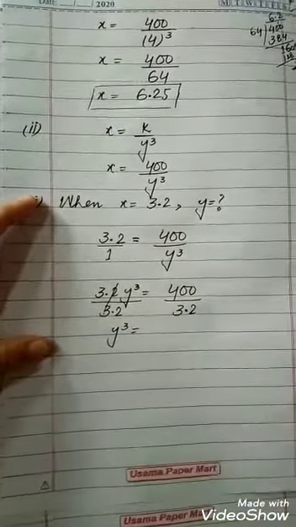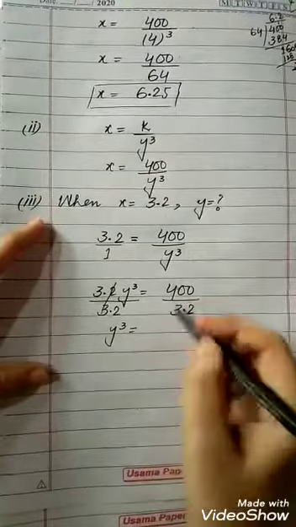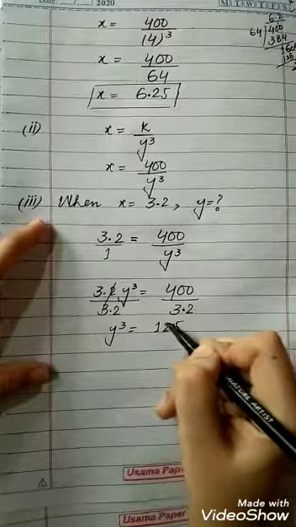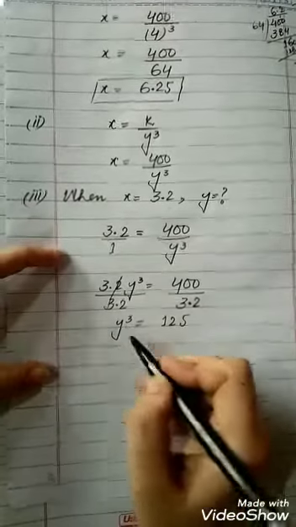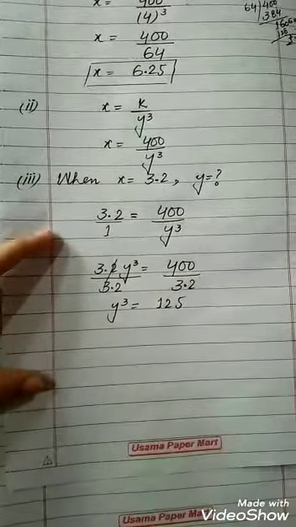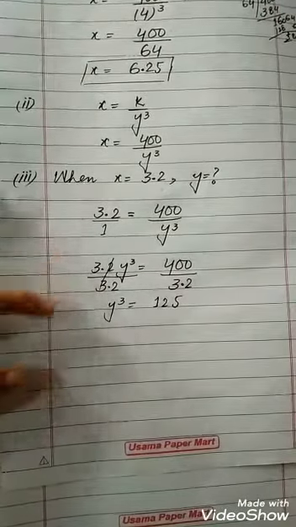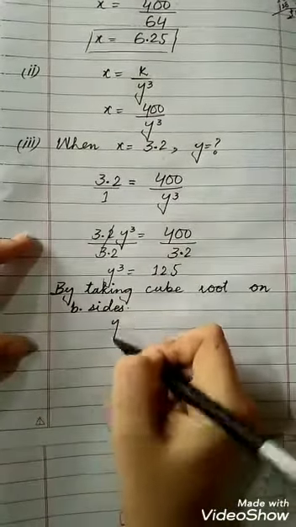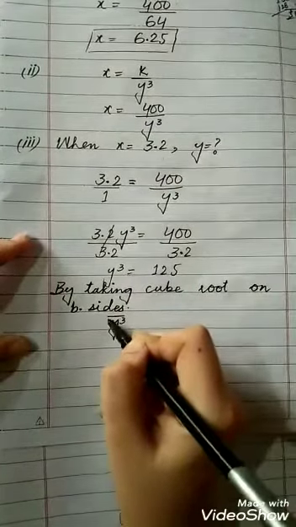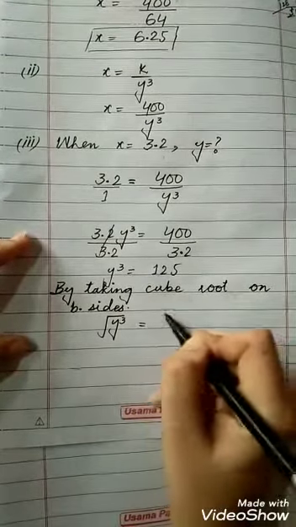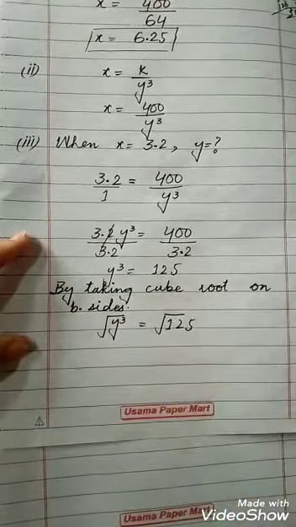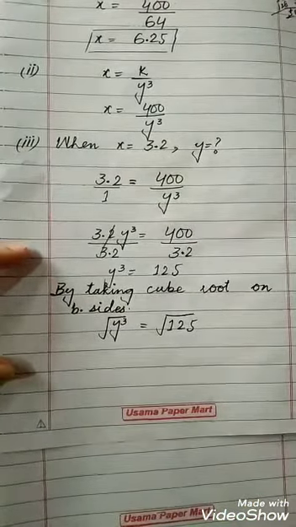After dividing, what did we get? After dividing, we got 125. Now we need y, not y cube. So we will take the cube root on both sides so that y will be alone. So y cube is equal to 125.